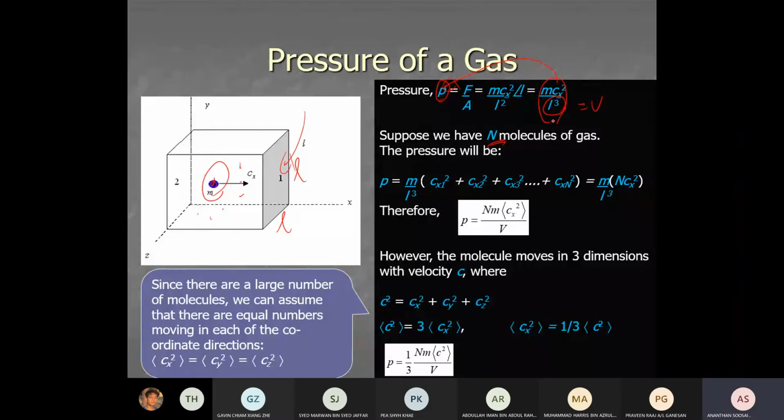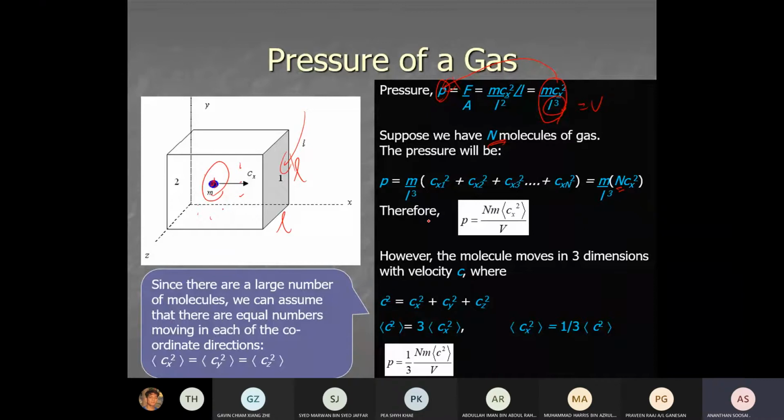The mcx squared over L cubed. Every molecule has this value, mcx squared over L cubed. But for cx squared, everyone has a range of speeds, horizontal speeds. So you put N cx squared. cx squared is the horizontal component of the velocity for all of them. N is the number of particles.